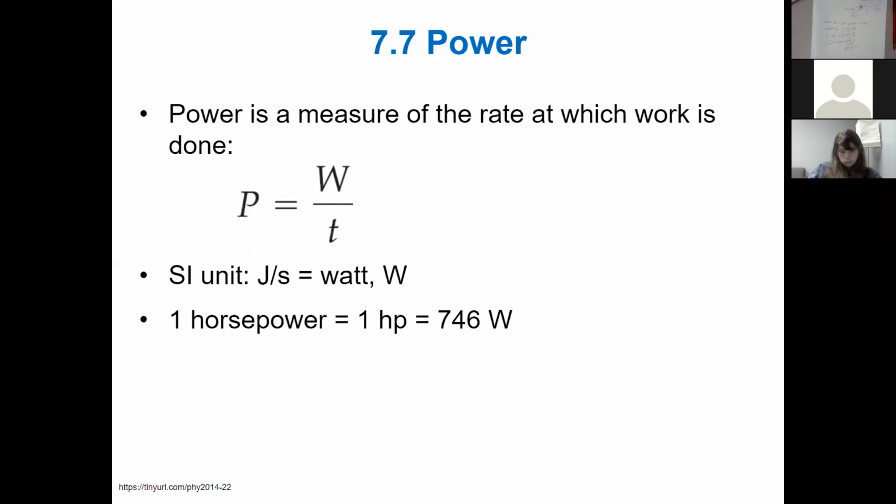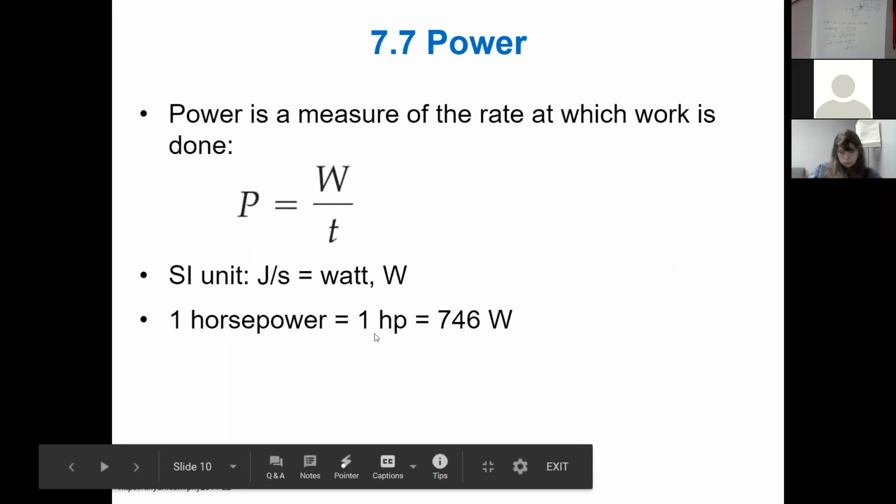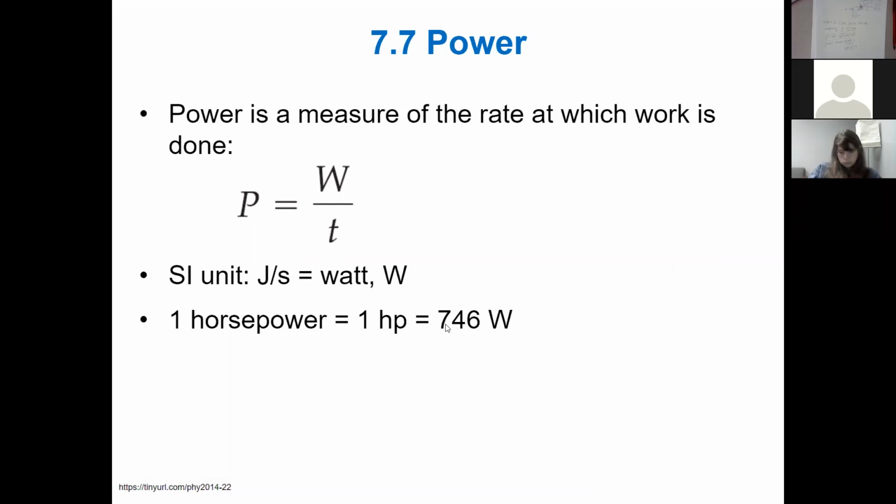It also has its own name, called the watt, or W. So that's the SI unit. Another unit that you might hear a lot is the horsepower. 1 horsepower is equal to 746 watts. Okay, so that's the conversion there.